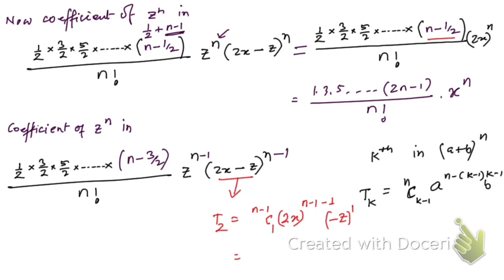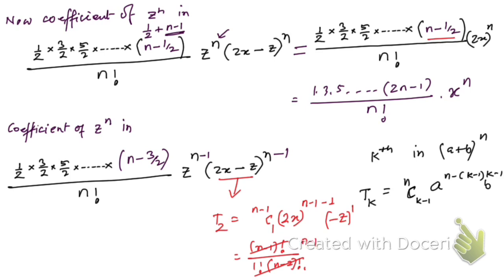So n minus 1 C 1, what does it mean? That means n minus 1 factorial divided by factorial 1, then n minus 1 minus 1 factorial, that means n minus 2 factorial. If you divide n minus 1 factorial by n minus 2 factorial, then you're going to get n minus 1 only.